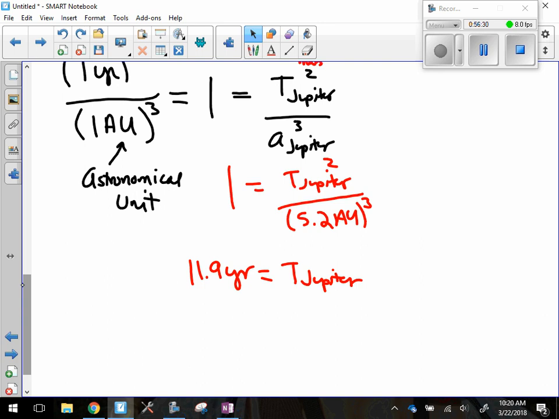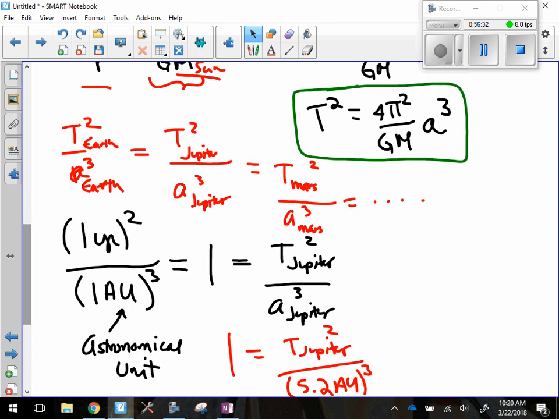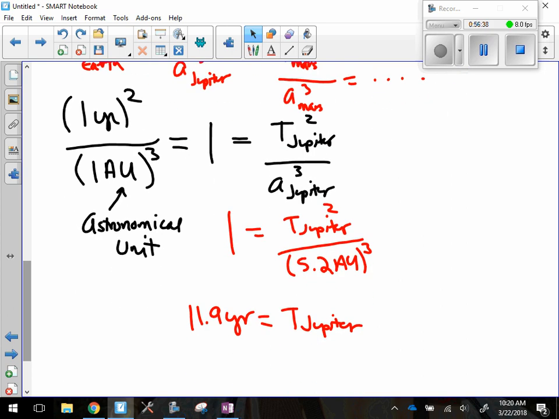So it's a pretty cool thing. I mean, this is nice and you need to know this, but the fact that you can choose the units appropriately and now you can figure out either the orbital period or the semi-major axis of anything orbiting the sun, if you know the other, is pretty cool too.